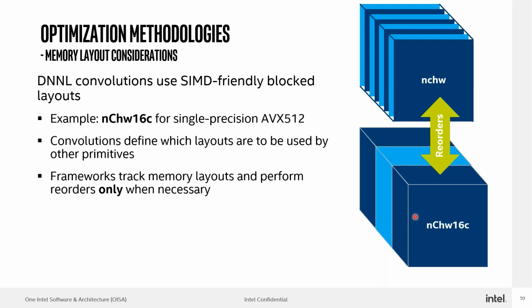This will automatically be handled by oneDNN. By using this data layout, we can fully maximize our users' CPU efficiency on Intel hardware. oneDNN will also handle the data layout conversion through this reorder operator.